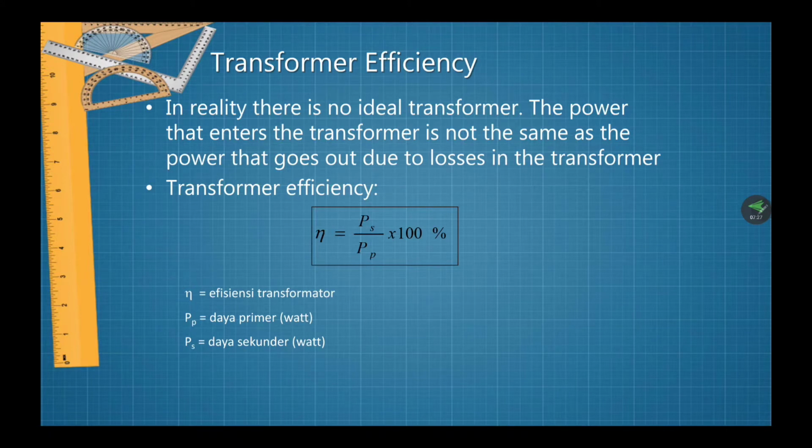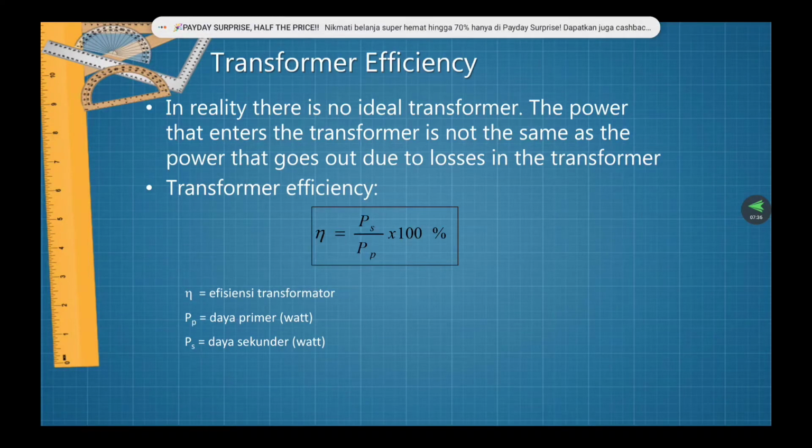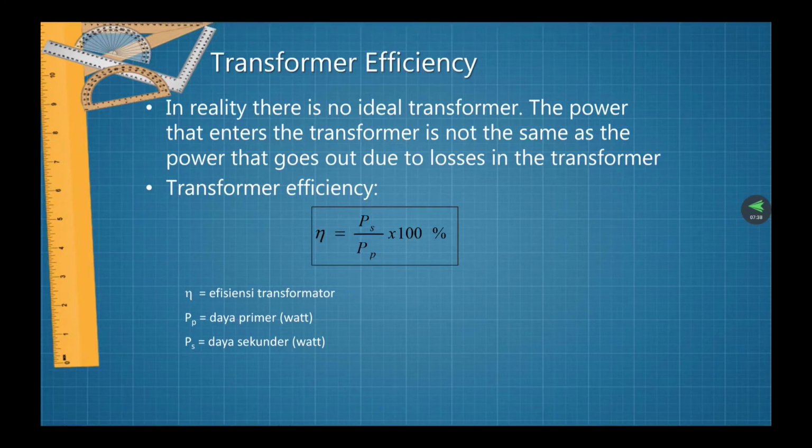The efficiency of the transformer: in reality, there is no ideal transformer. The power that enters the transformer is not the same as the power that goes out, due to losses in the transformer.